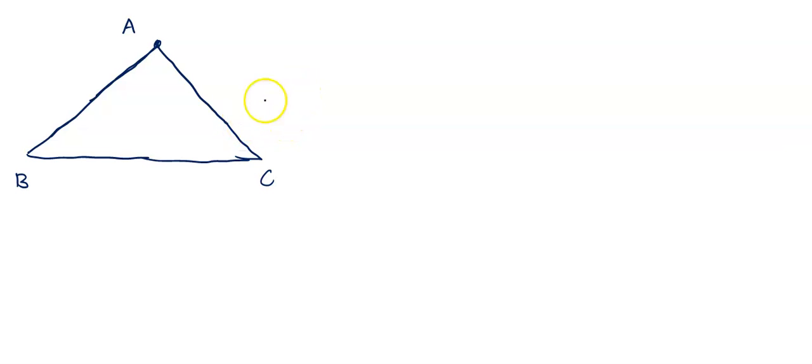Charge on A is Q, charge on B is also Q, and charge on C is minus Q. The side of the equilateral triangle is L, so all sides are L only, right?